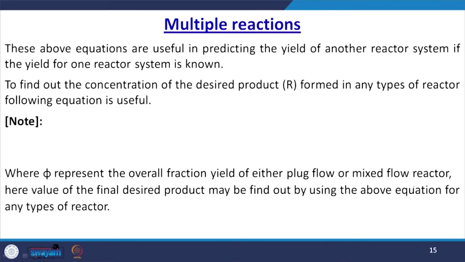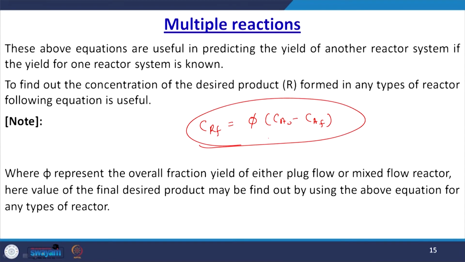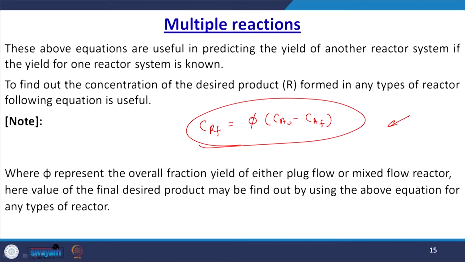Then you require another equation, CRF is equal to phi times Ca naught minus CAF. So this equation tells you that the reactor is any kind of reactor. Here phi represents the overall fractional yield of either plug flow or mixed flow reactor. The value of the desired product may be found by using this equation for any type of reactor.